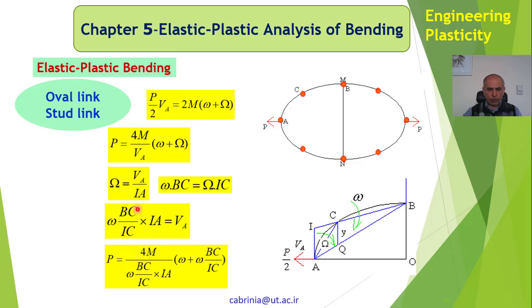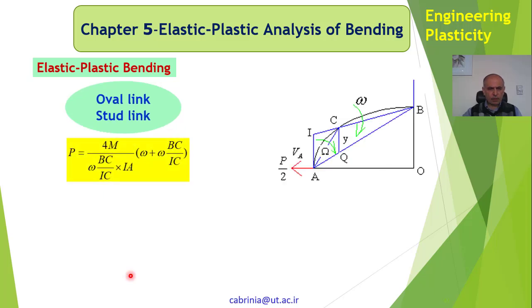So if I substitute all of these in here, I get P equal to 4m over VA. I have obtained it from here, so I put it here. Also, I have this small omega, and I substitute for the big omega. Big omega is equal to omega times BC over IC. So everything here is in terms of the geometry and small omega. And let's see what we have here.